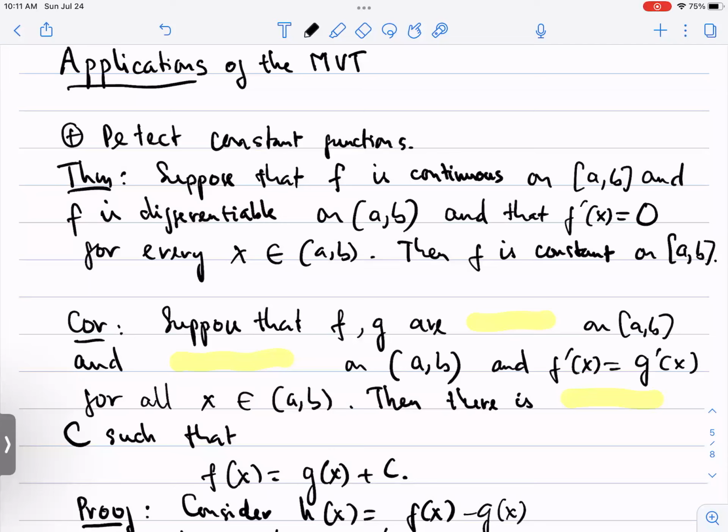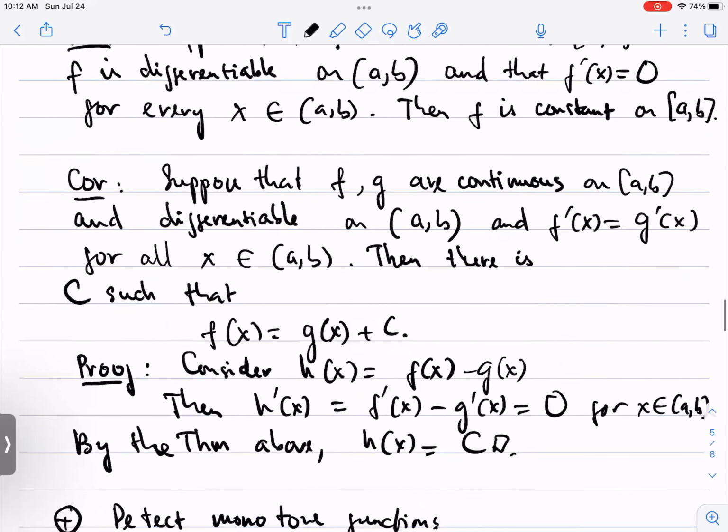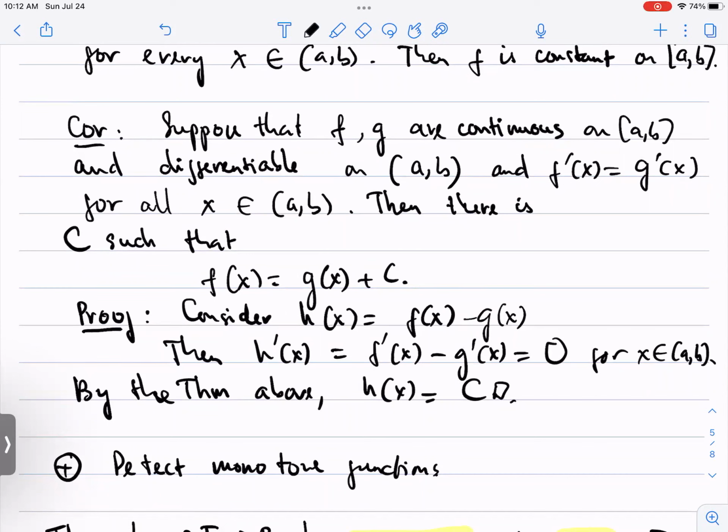And an immediate corollary: suppose that we have functions f and g that are continuous on the closed interval from a to b, and differentiable on the open interval from a to b, and f prime of x equals g prime of x for all x inside the interval, then there is a constant c such that f of x equals g of x plus c.